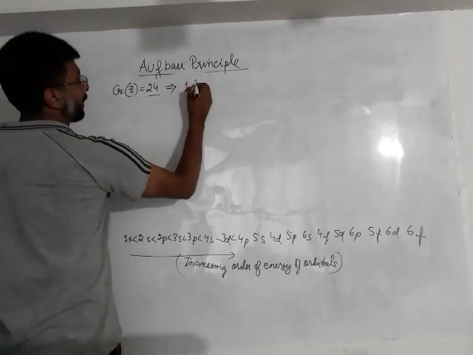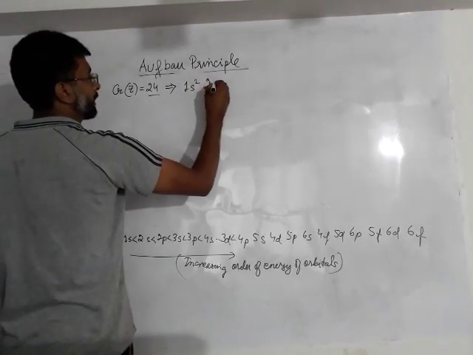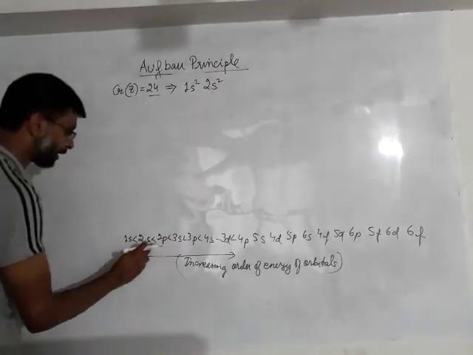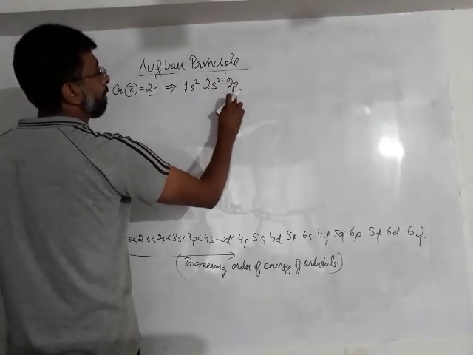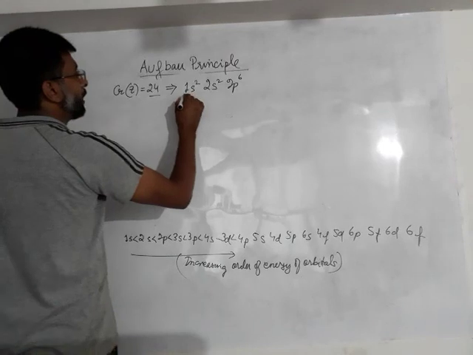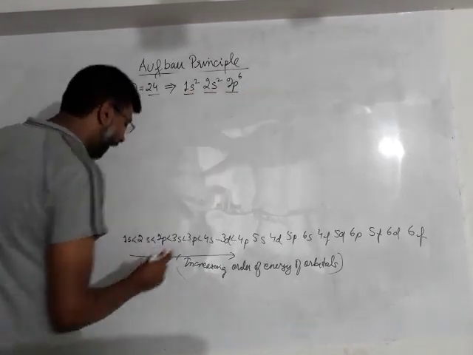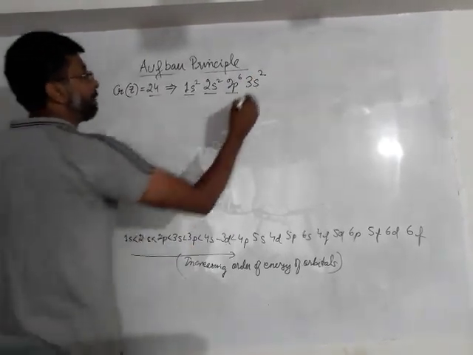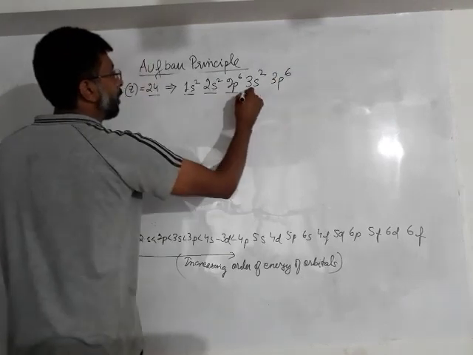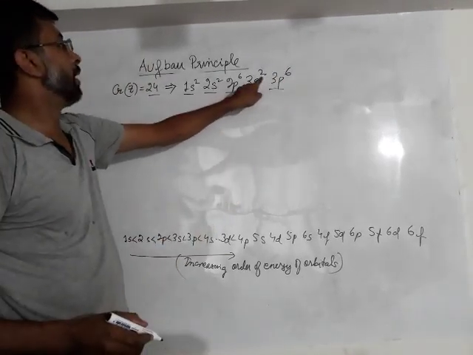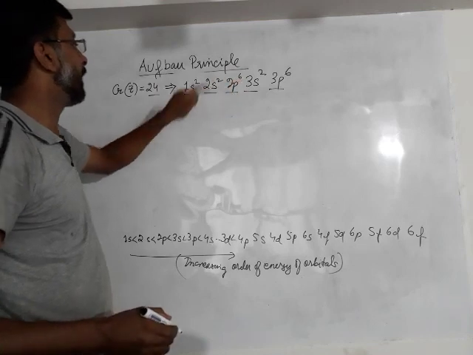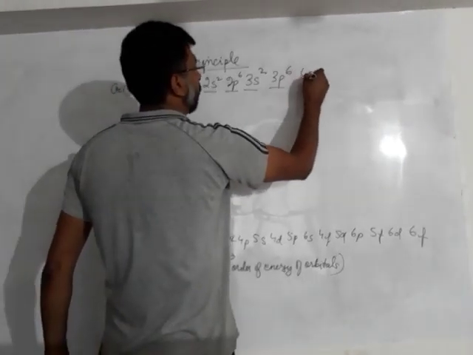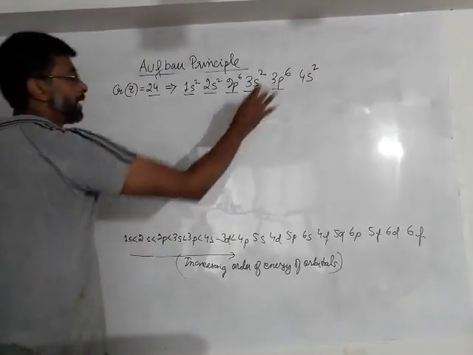The s orbital can have two electrons, 1s2, then after 1s comes 2s, so 2s2, then after 2s comes 2p, and the p orbitals hold a total of 6 electrons: 1s2, 2s2, 2p6. After 2p comes 3s, so I write 3s2, after 3s comes 3p, so I write 3p6. Now I will check the total: 2 plus 2 is 4, plus 6 is 10, then 12, 18. Now I can go still higher. After 3p comes 4s, where I can have 2 electrons. So that makes it 20.